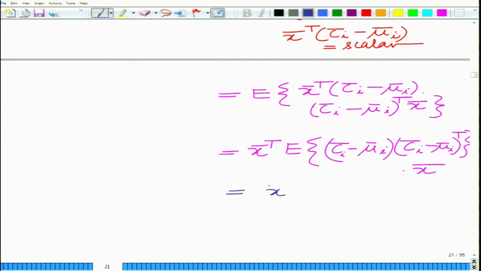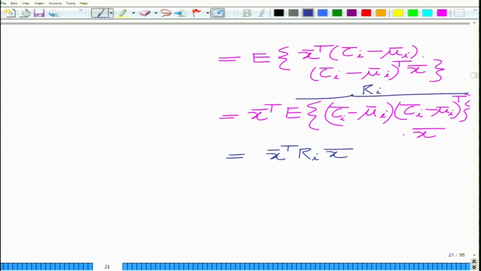This is equal to x bar transpose Ri into x bar, where Ri is the covariance, that is, the expected value of (C bar I minus mu bar I) into (C bar I minus mu bar I) transpose. So basically the variance of C bar I transpose x bar, or x bar transpose C bar I, is x bar transpose Ri into x bar.